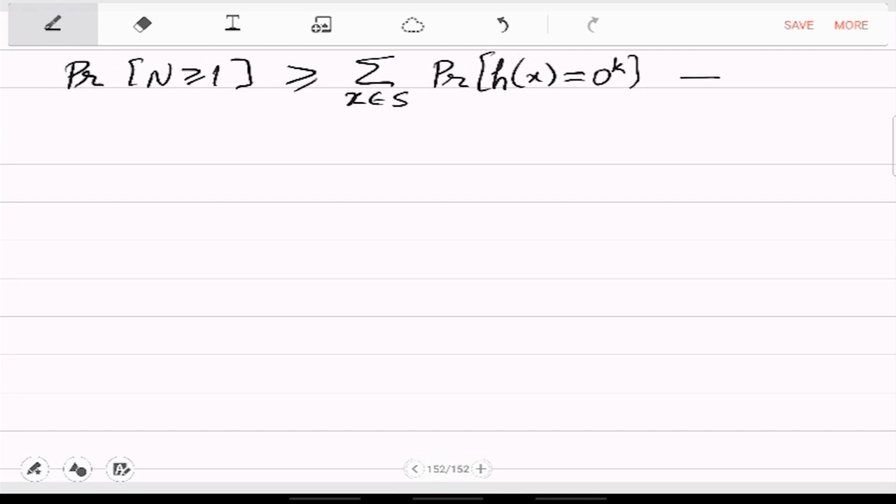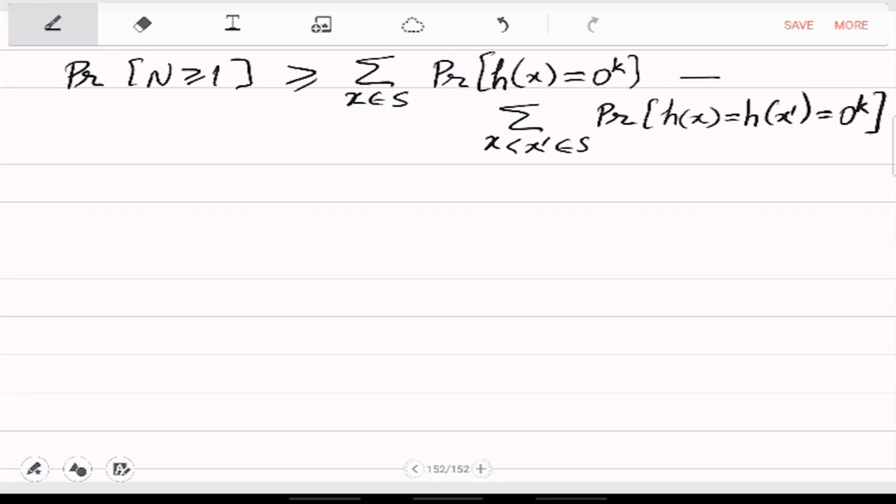Then that event we are counting in h(x) equal to 0, but also in h(x') equal to 0. So we will subtract that to remove the double counting: sum over x less than x' in S, the probability that h(x) and h(x') are 0.